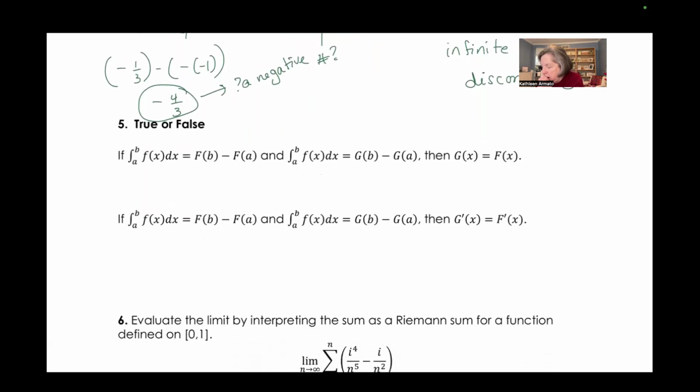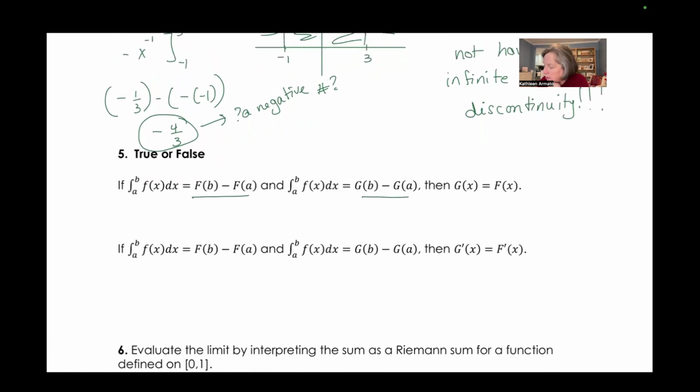All right, a couple little questions here. If the integral from a to b of f of x dx equals f of b, and here it says it equals g of b. Well, how could that be? Well, remember, a function has multiple antiderivatives.